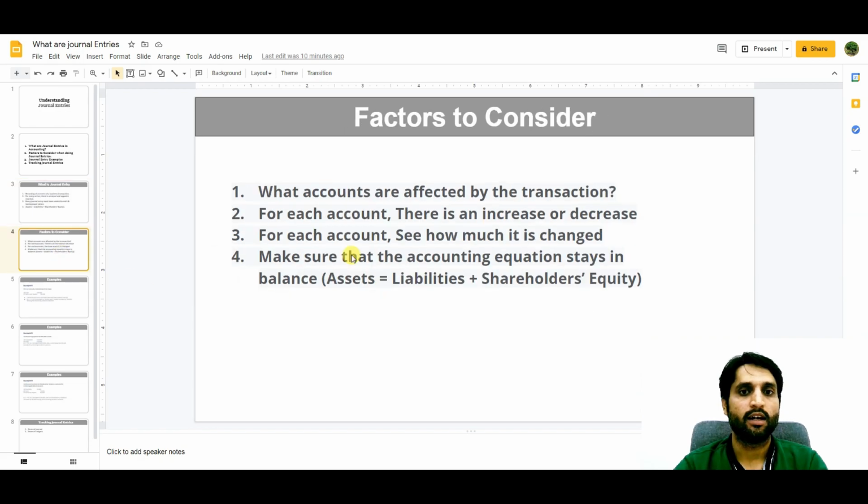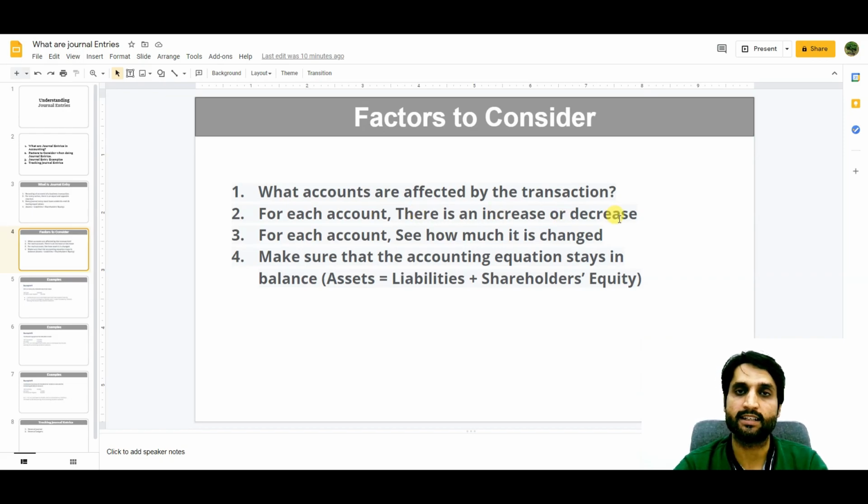Now let's see what factors we need to consider when passing journal entries. We need to see what accounts are affected by the transaction. There may be 2, 3, 4, 5 accounts or as many as needed. For example, if we are buying stationery on cash, there are 2 accounts involved, stationery and cash. For each account there is an increase or decrease.